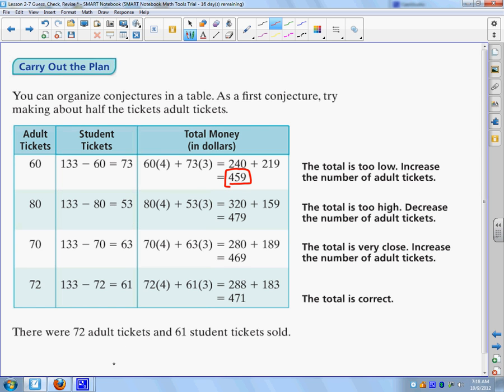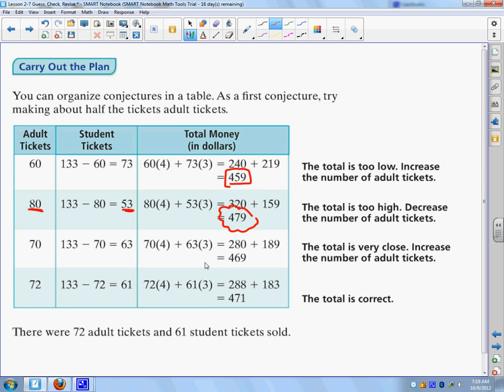So, if I have 459, I need a little bit more for my total. I need to be greater than that because it's 471. So then they tried 80 tickets and 53. Well, that got them too much. That's 479 total dollars.